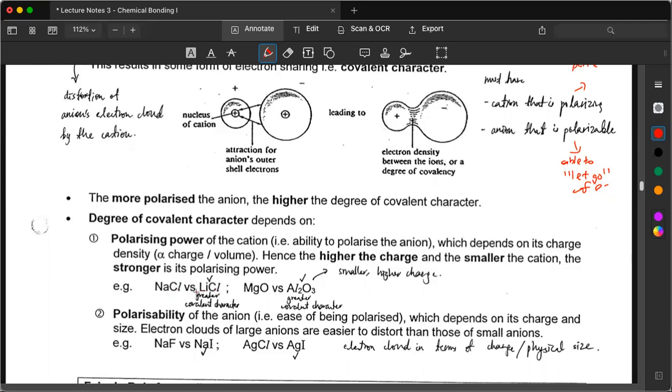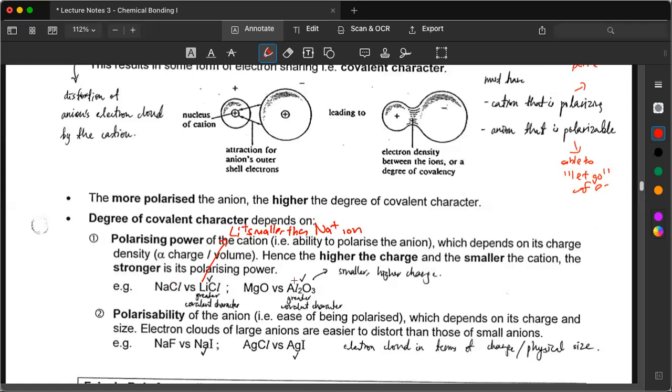Between these two, we expect lithium chloride to be of greater covalent character because the lithium ion is much smaller than the sodium ion.